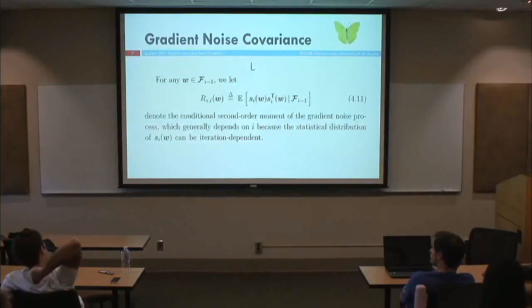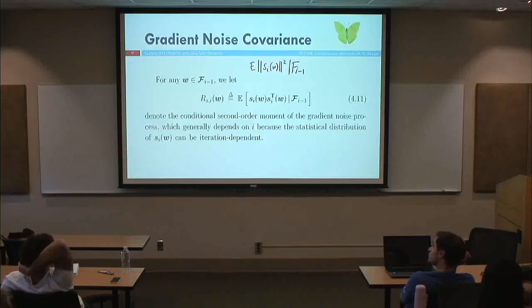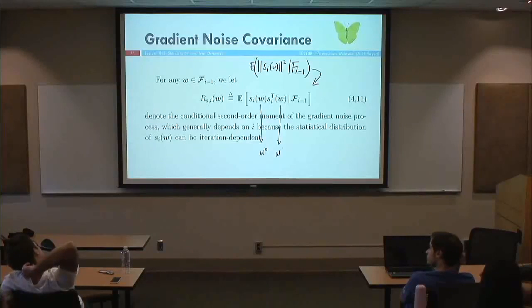So far we have been working with the trace of this, when I write this conditioned on F. That's the trace of the covariance matrix. Now, in the particular case when I replace w by w-star, R_s becomes R_s evaluated at w-star.